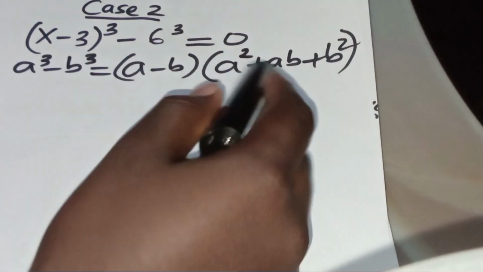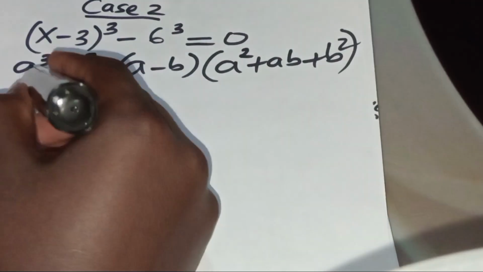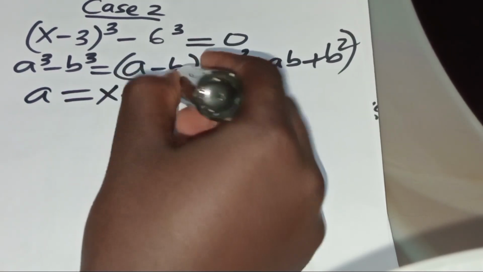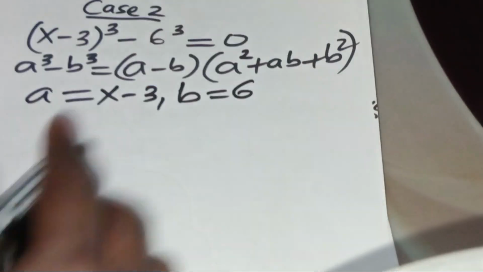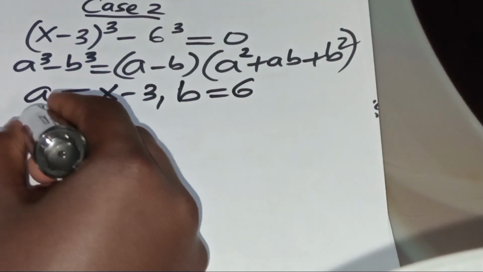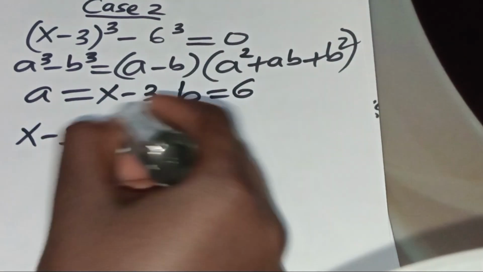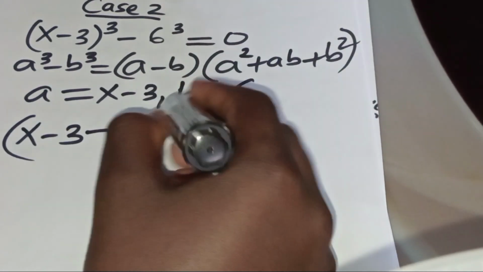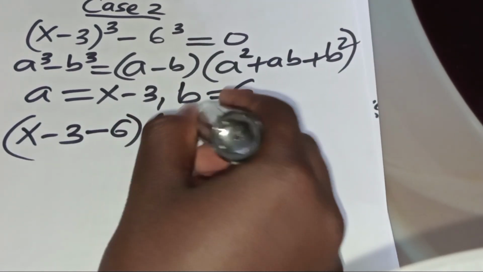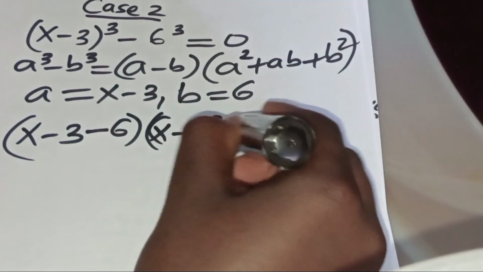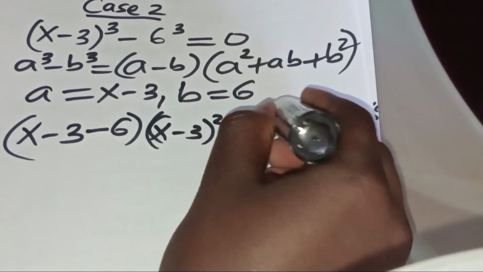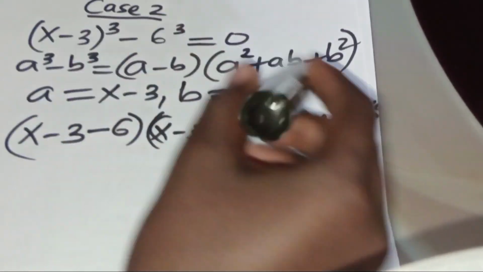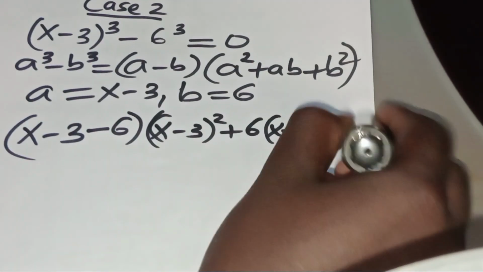For this particular property, we have a equal to x minus 3, and b equal to 6. So substituting this, we'll have (x minus 3 minus 6) times (a squared, which is essentially (x minus 3) squared, plus 6 multiplied by (x minus 3), plus 6 squared, which is equal to 36).